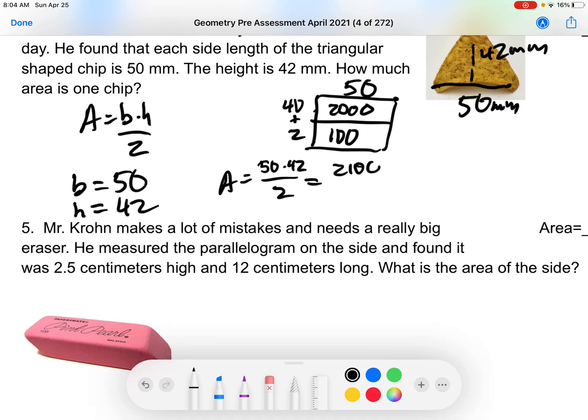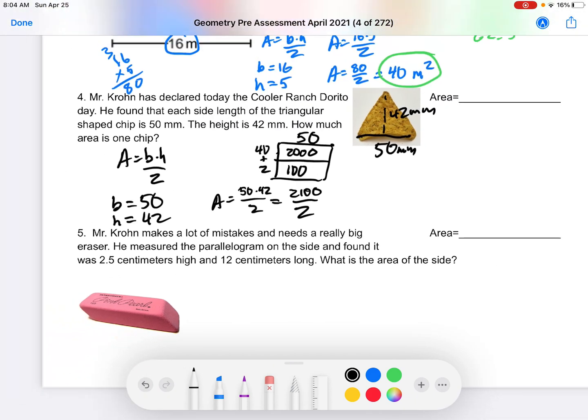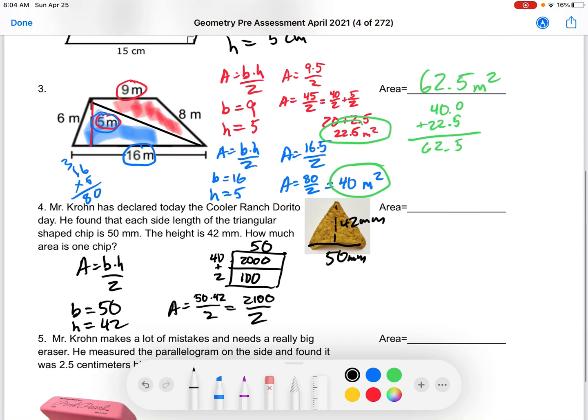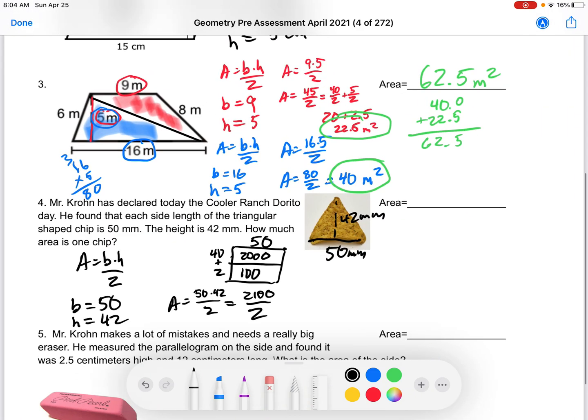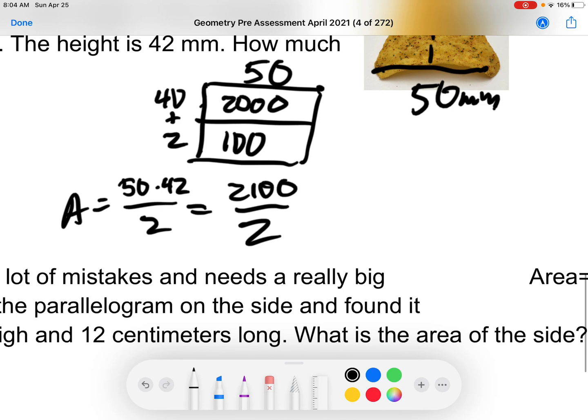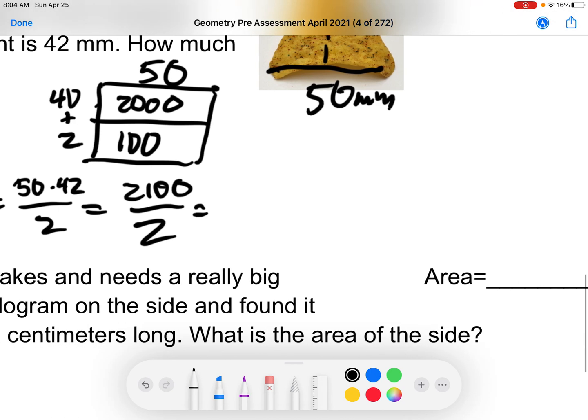And that equals 2,100 divided by 2, right? So what I will do in this case, I could do like I did right here. I broke it apart. I could break it to 2,100 right here. And I'll show that, but I'm also going to show a long division just to see that.